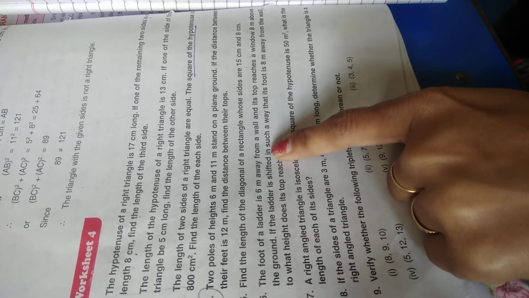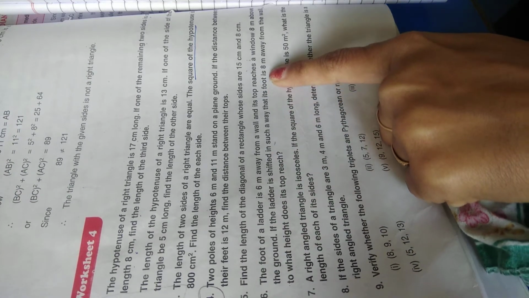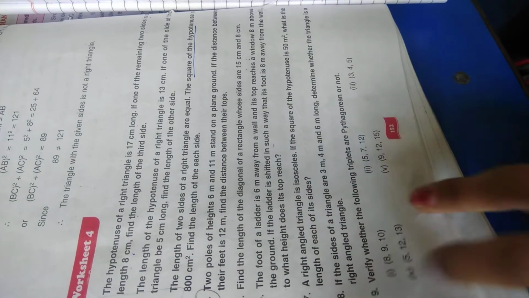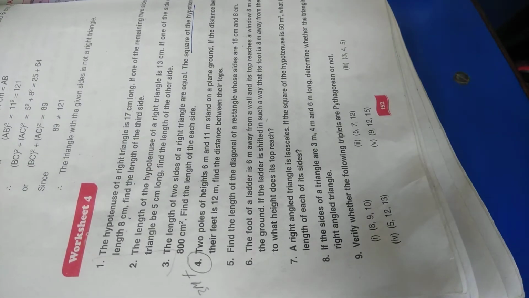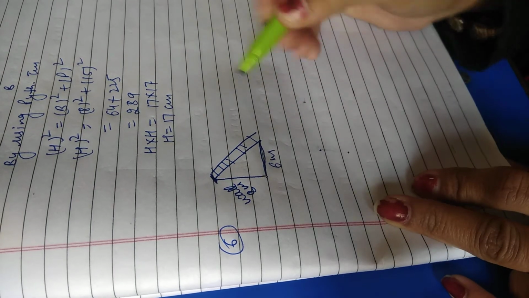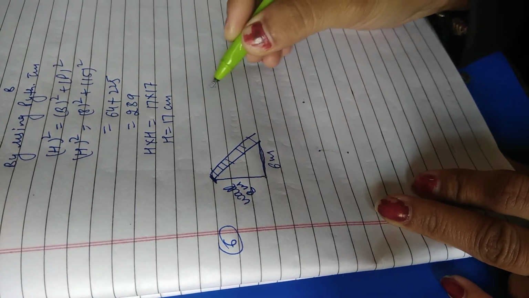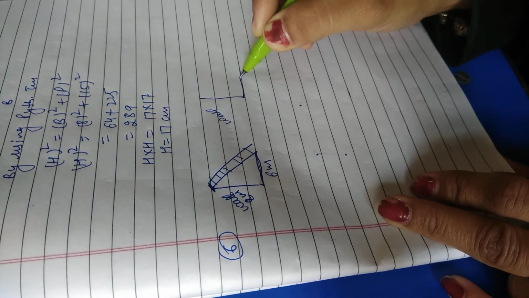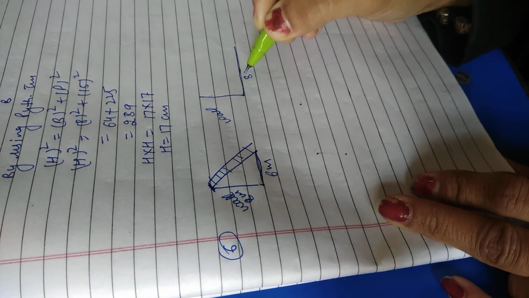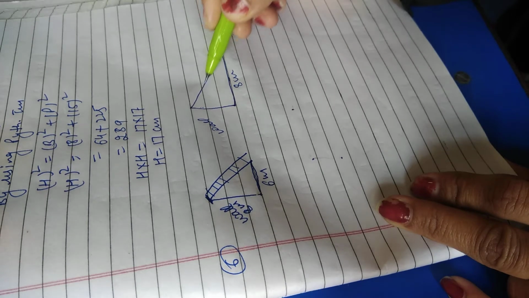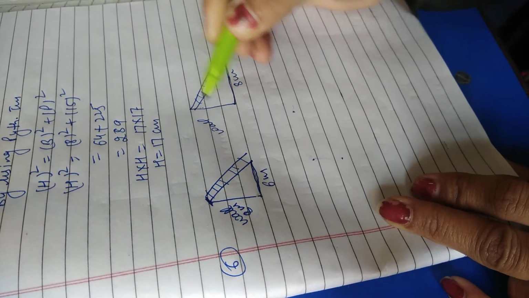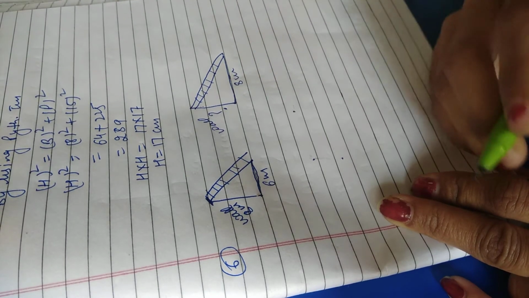If the ladder is shifted in such a way that its foot is 8 meters away, find the height its top reaches. Now, they are asking, this is a wall, if I increase the distance between the feet, now where does the ladder touch the wall, we have to find this.